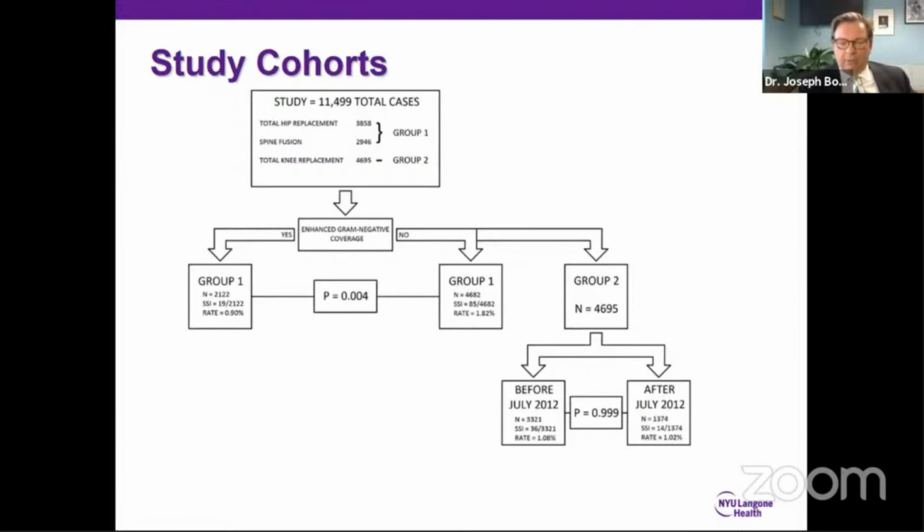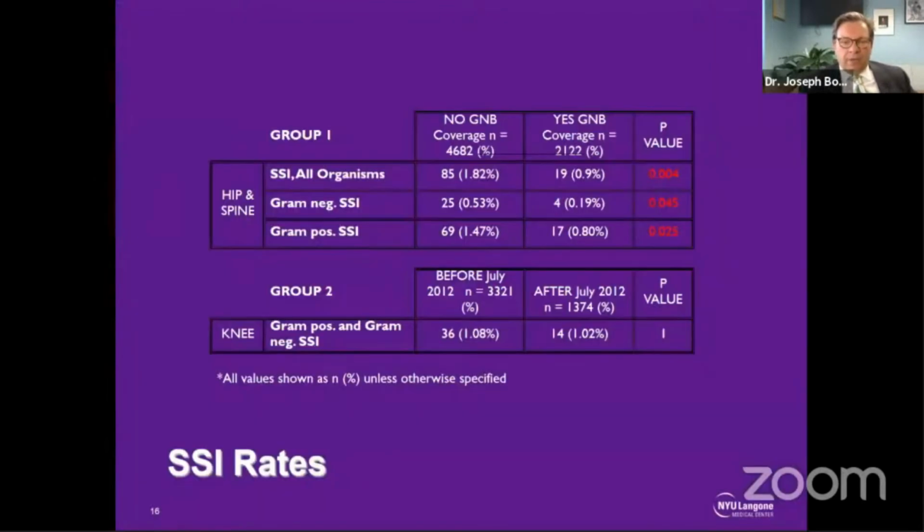In the knees as well. And this is what it looked like. So again, if you add a high dose of gentamicin just one time before surgery, you decrease your gram-negative infection rate in the hips and spine, which we found was very important.